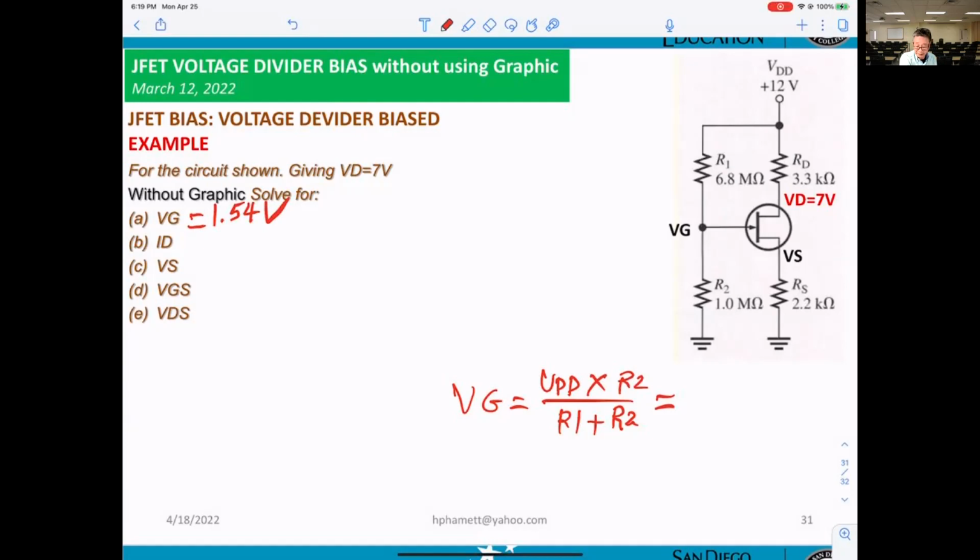If not, then you need to calculate the ID. The formula for the ID will be equal to VDD minus VD divided by RD. That's the formula I gave you. And you need to tell me what you get for ID.